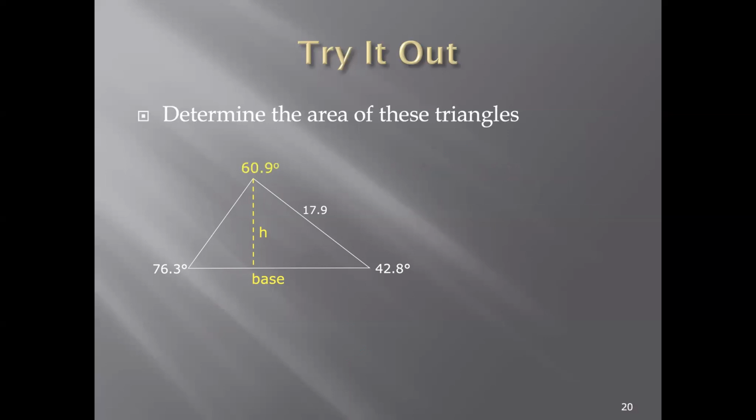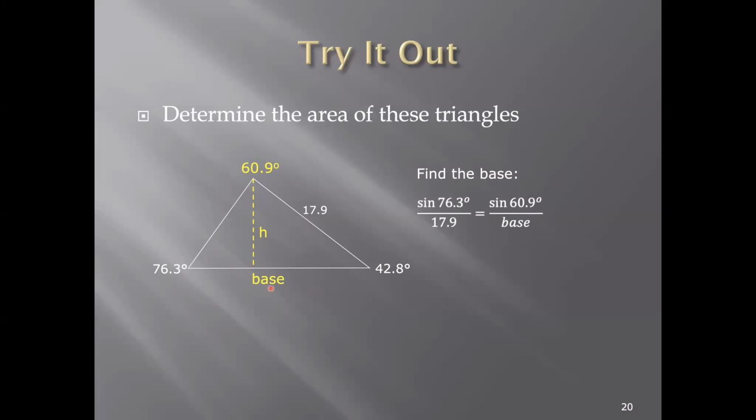Next step, let us solve for the base. To solve for the base, we can use the law of sine again. We use the given angle and its opposite side, which are 76.3 and 17.9. So that will be sine 76.3 degrees over 17.9.